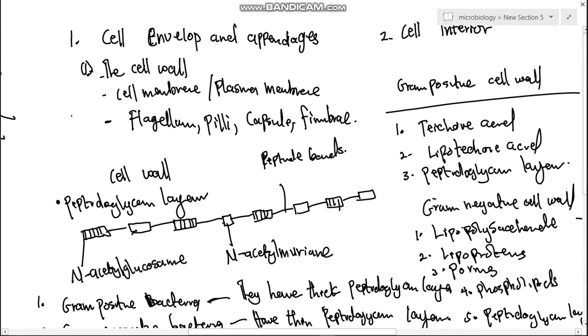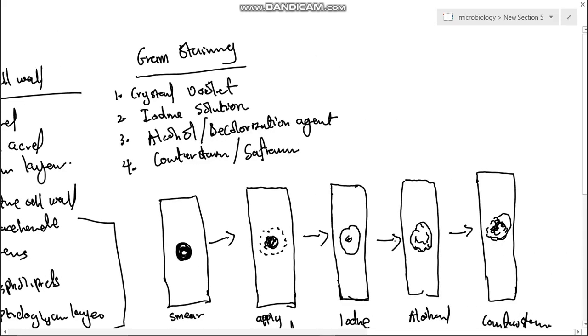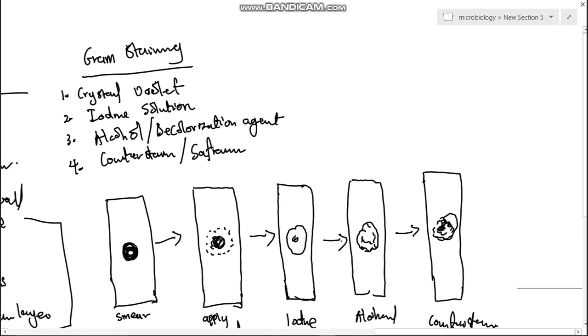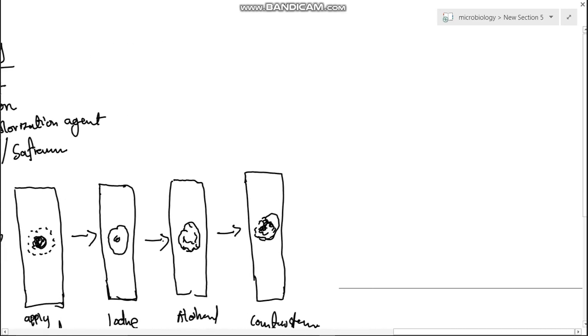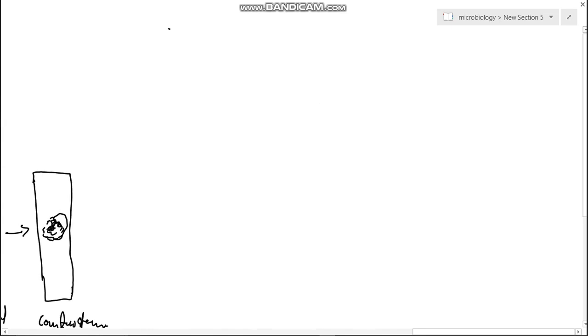The cellular appendages include the flagellum, the pili, the capsule, and the fimbriae. Now let's talk about the flagellum. The flagella is basically a thread-like substance that is found in the bacteria.